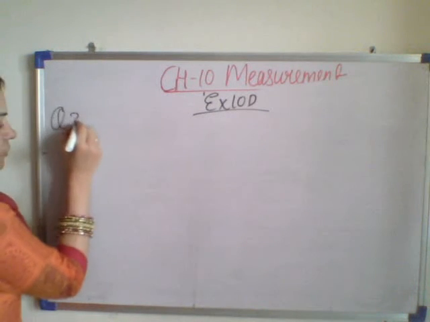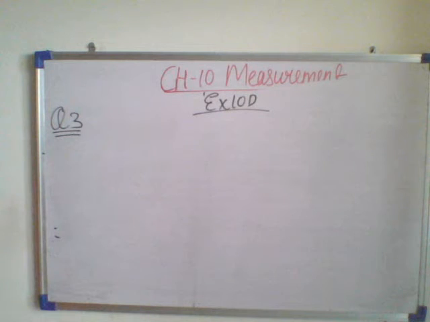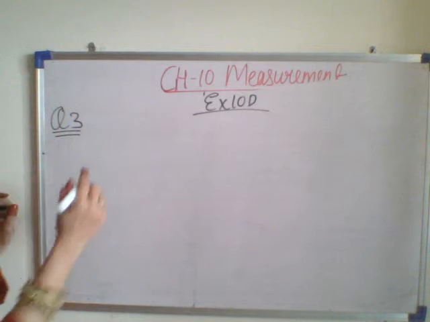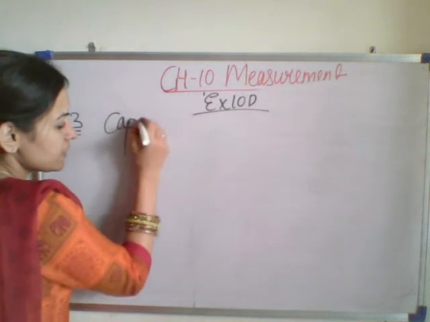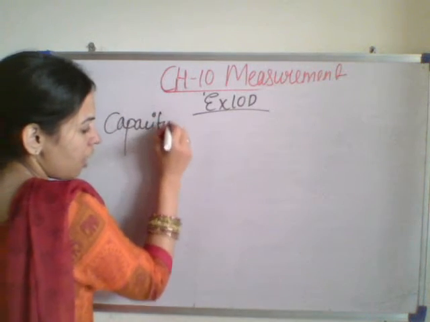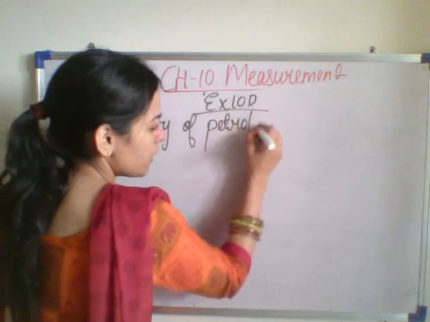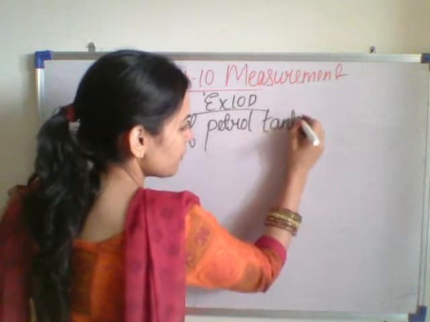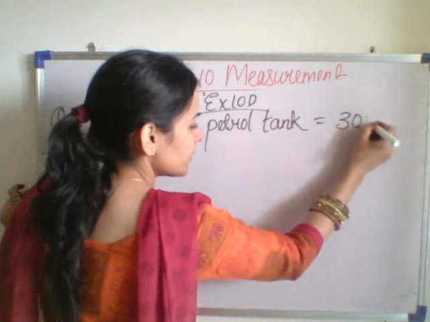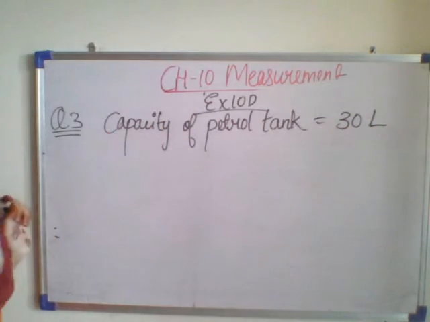The question number 3, let us do. A small car has a petrol tank whose capacity is 30 liter. What is the capacity of the petrol tank? 30 liter is the capacity of the petrol tank.